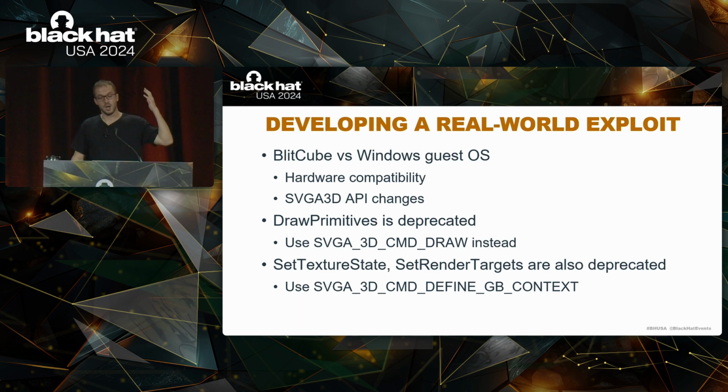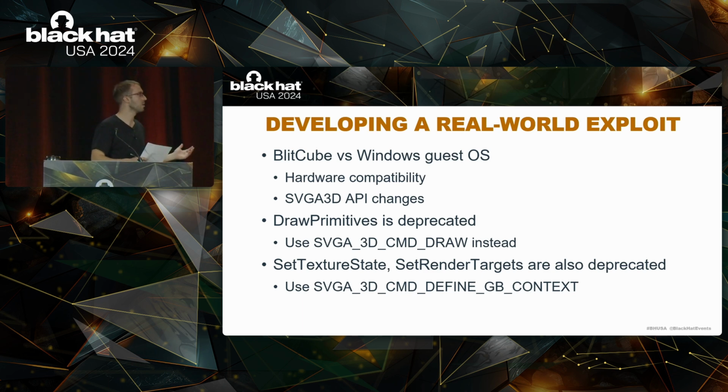This number dictates what kind of virtual hardware is going to be used by VMware. Since the mini operating system was old, the hardware compatibility was also old, and there was a difference in the SVGA 3D API between the mini operating system and a fresh new Windows virtual machine.